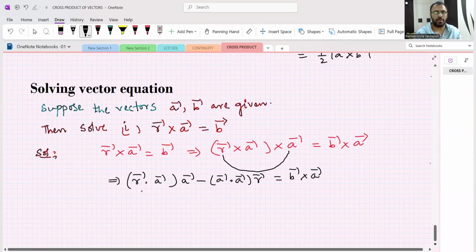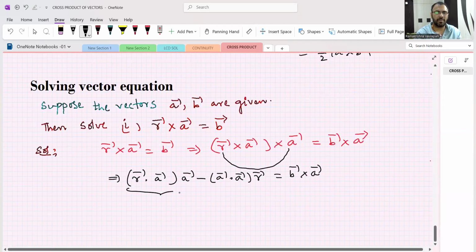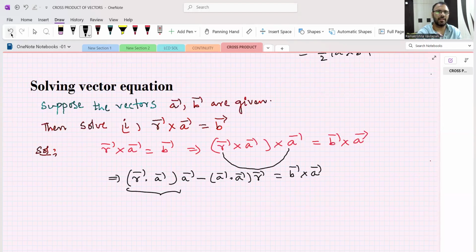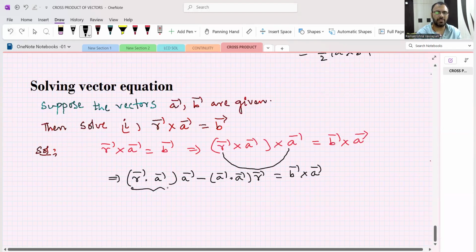This is very, very important. Assume this is some lambda, that R bar dot A bar is equal to some lambda. So we got that lambda A bar.